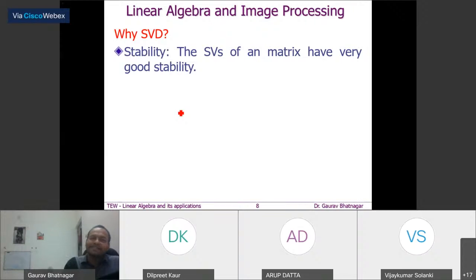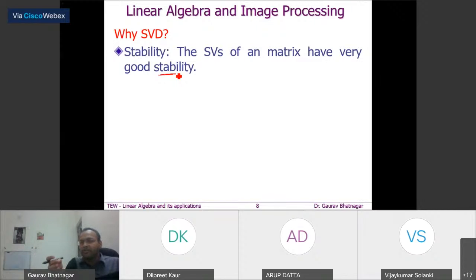Okay, so now the third is the stability of the singular value decomposition. The singular values of a matrix have very good stability. What is the meaning of stability? The meaning is, if I introduce a little change in my matrix, then the singular values are not going to change a lot. There is not going to be a very drastic change in the singular values of a matrix.